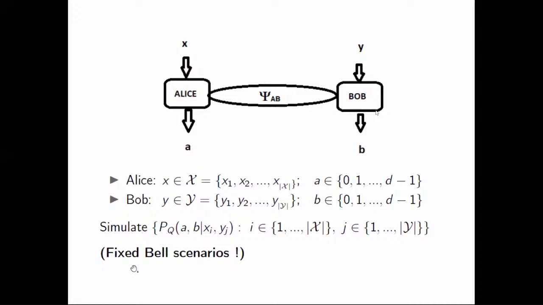One can notice that these are fixed Bell scenarios, because in fixed Bell scenarios we always specify the number of measurements from which Alice chooses, the number of outcomes for each measurement, and similarly for Bob. So this definition of the problem corresponds to a fixed Bell scenario where the number of measurements, outcomes and parties are specified.